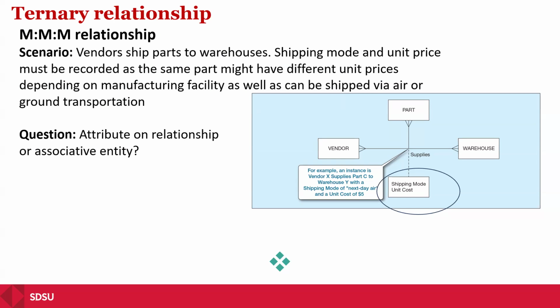So we have many parts going to many warehouses, and we also need to record shipping mode. So the question is, is shipping mode an attribute on the relationship, or is it an associative entity? I'm going to pause for a second and let you think about it.